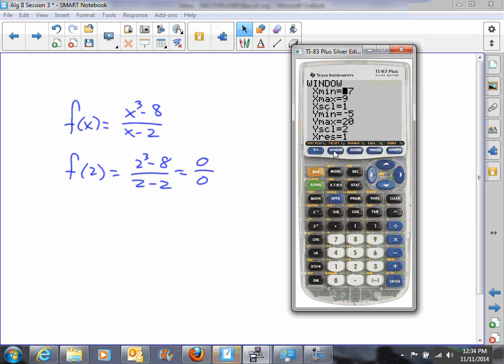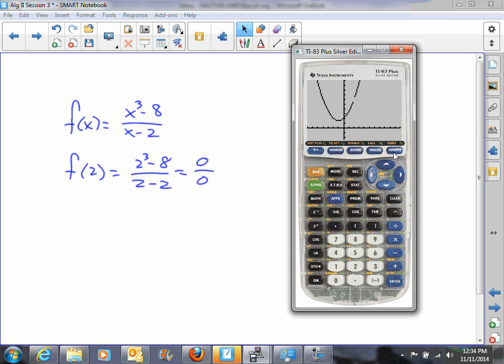Let's try this. Negative 7 to 11 here, let's say. And now graph it. There we go. Now notice, at x equals 2, there's a missing spot in the graph. There's a hole, or a point discontinuity.